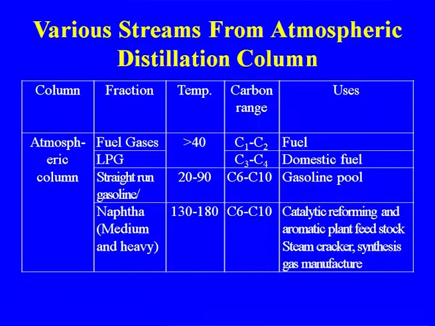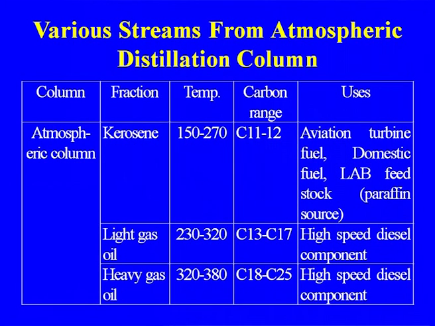These, I was telling already, we have discussed about the products. This is actually the different carbon atoms which you are getting from the atmospheric distillation column. Kerosene fraction, light gas oil, heavy gas oil, different fractions, this is the temperature range, which I was telling may vary slightly.